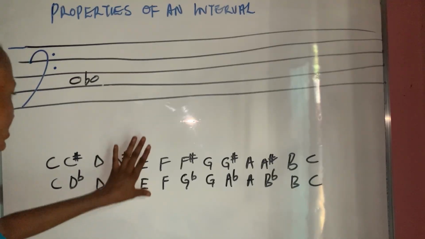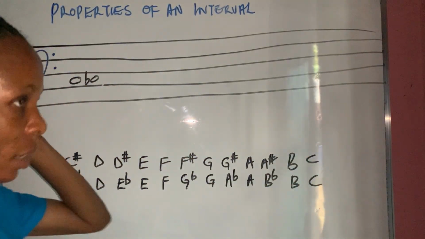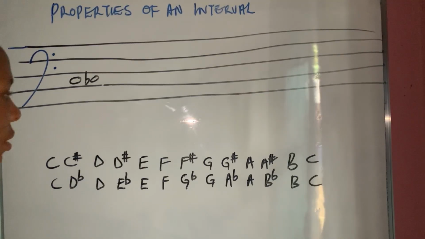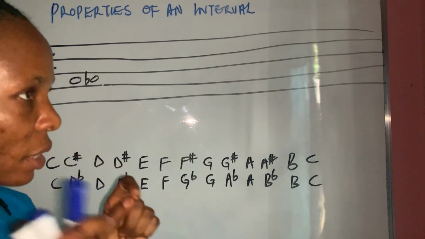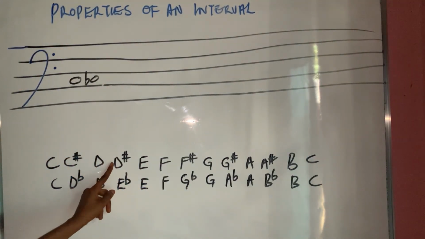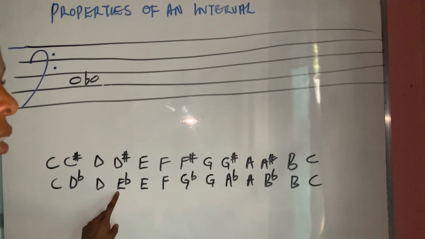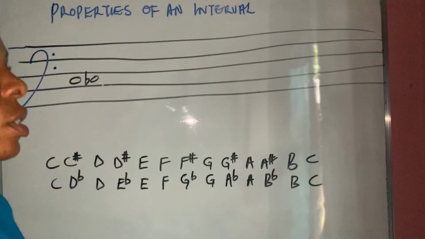You see, I'm putting them vertically together. They are enharmonically equivalent. That's enharmonic notes. They have the same pitch but different note names, like D sharp and E flat, different names but same position, same pitch.